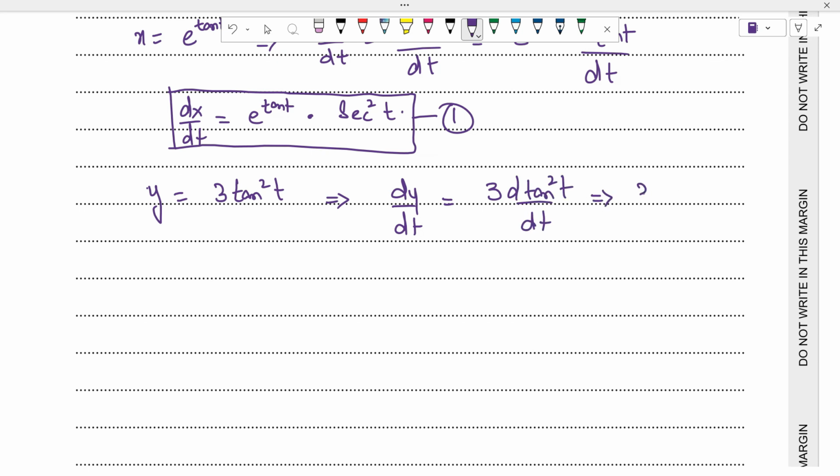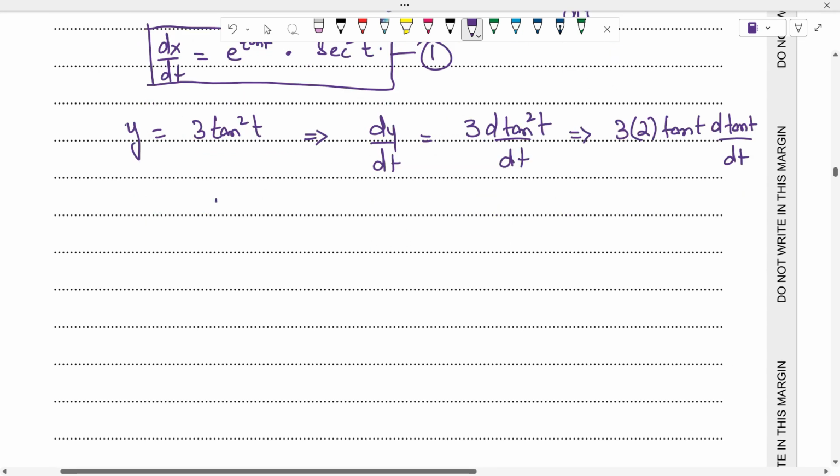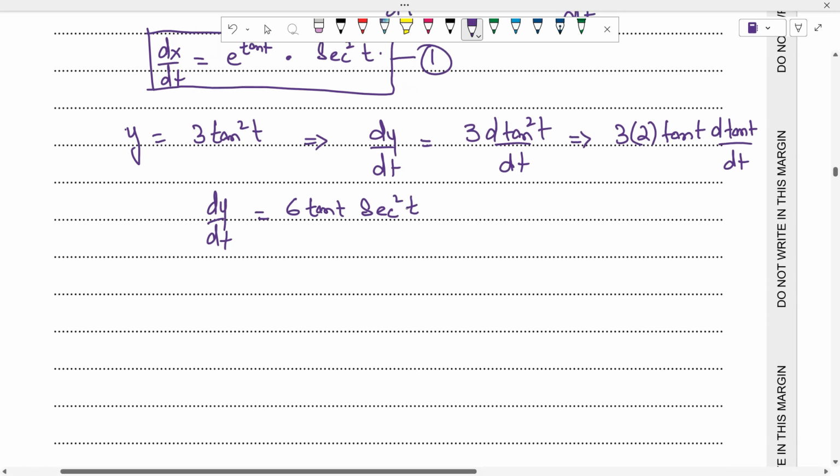The power comes down, giving 3 times 2 times tan t times the derivative of tan. So dy/dt equals 6 tan t sec squared t, since the derivative of tan t is sec squared t. This is dy/dt, equation 2.